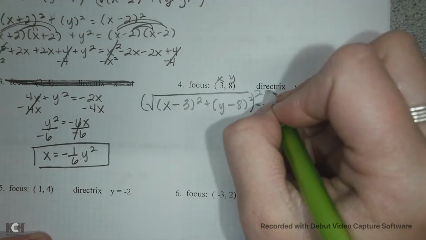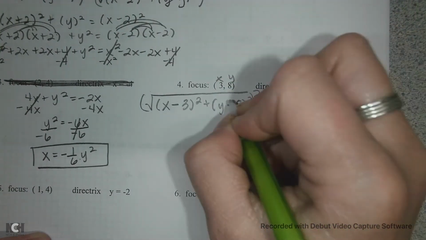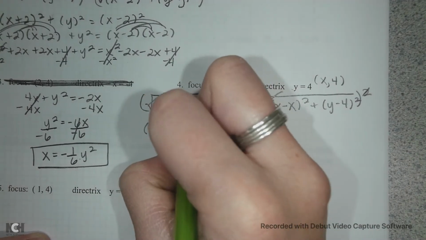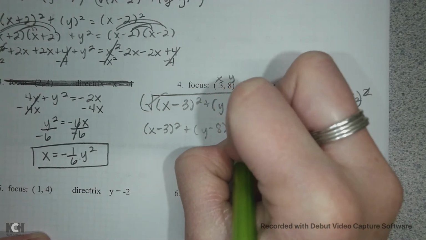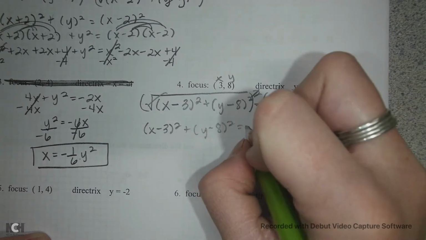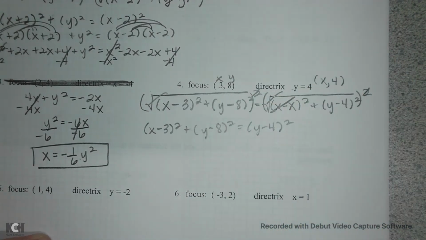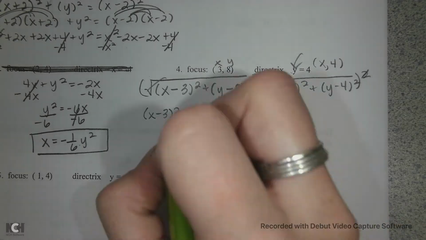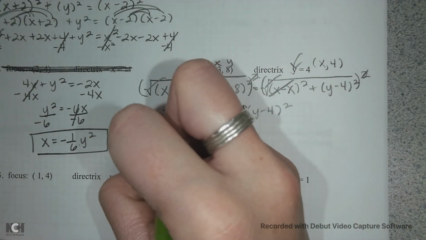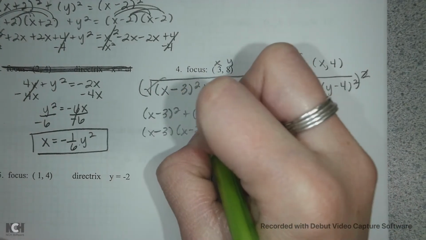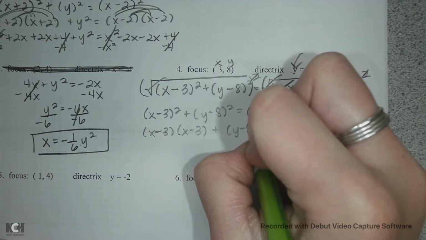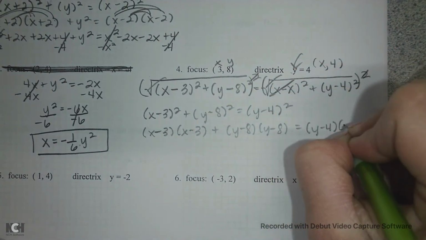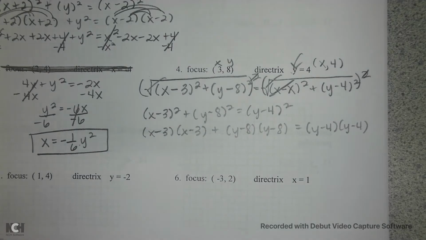Okay, and then here we go. The first thing we do is we square each side to get rid of those little radicals. So we have x minus 3 squared and y minus 8 squared equals y minus 4 squared. This time we are solving for y, like you did yesterday. So this is the same thing as x minus 3 times x minus 3, and this is the same thing as y minus 8 times y minus 8. And now we have y minus 4 times y minus 4.